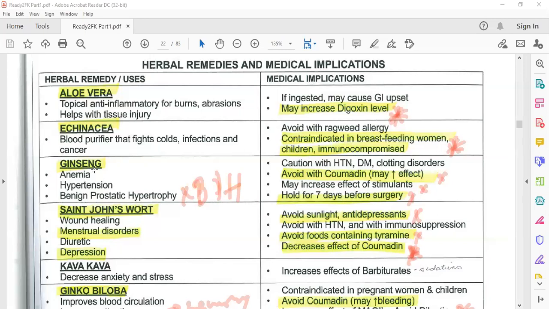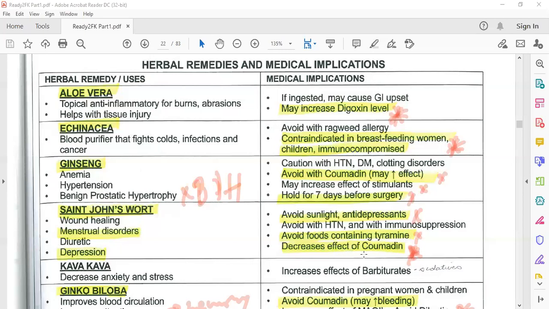If you give ginseng and coumadin, warfarin together, it increases the bleeding time, or increases the effect of the blood thinner or anticoagulant. So we always hold it, right? A common question the NCLEX board asks: ginseng will increase the risk of hypoglycemia. Very important for the NCLEX board.